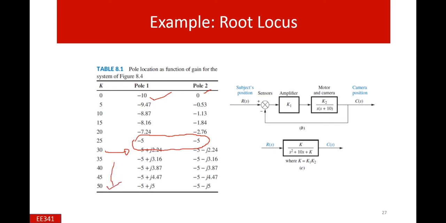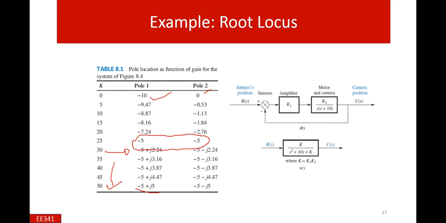And for K equal to 50, one pole, which started from the position of -10, is now in the complex plane at the position of -5 plus j5. It is on the upper side of the left half plane, and the other pole is at the lower end.